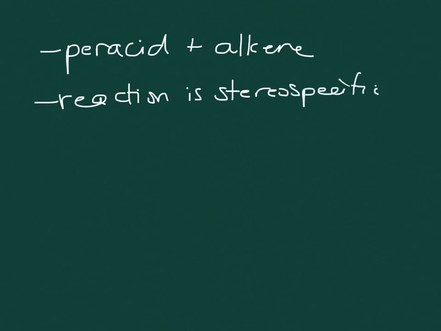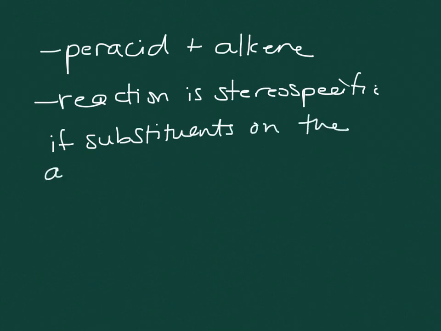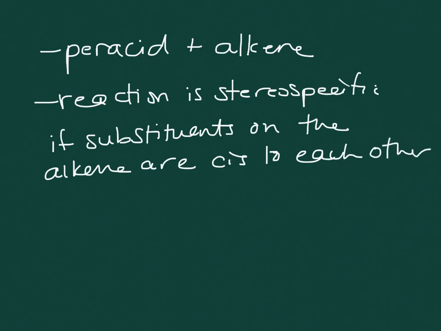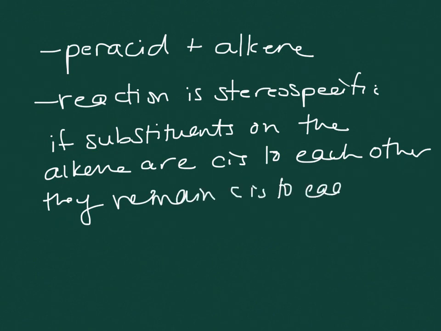What this means is that if the substituents on the alkene are cis to each other, they will remain cis to each other on the epoxide.